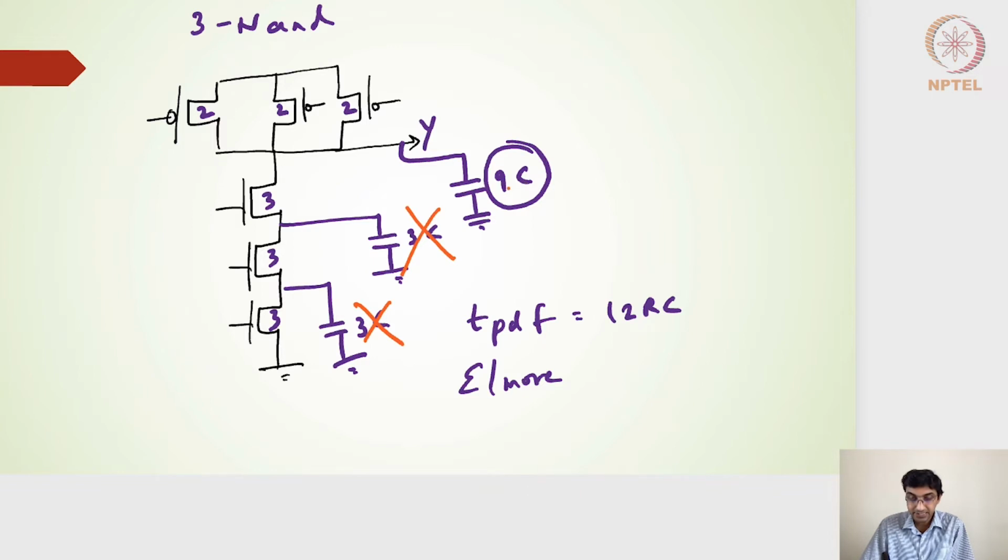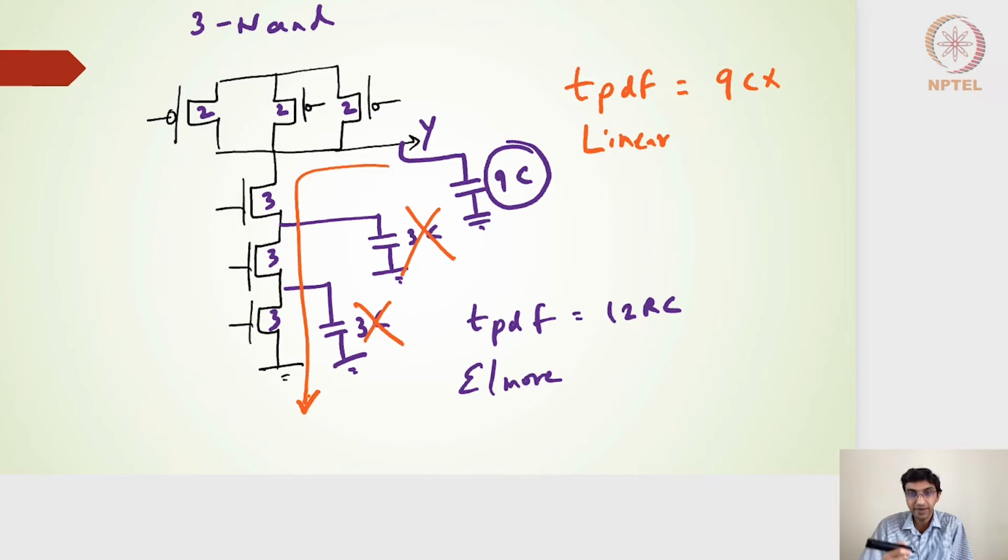So whatever is the capacitance at the output node, the linear delay model takes that into account, and then the propagation delay falling using the linear delay model is nothing but 9C into whatever is the switching resistance and the path that the switching resistance makes with respect to the source, right? So in this case, the source is the ground.